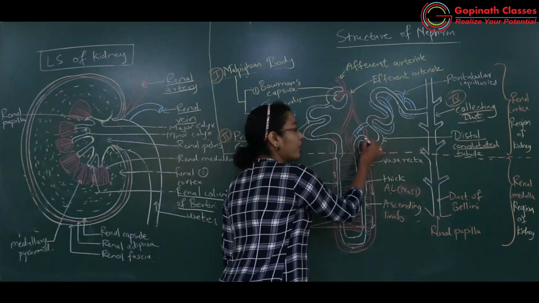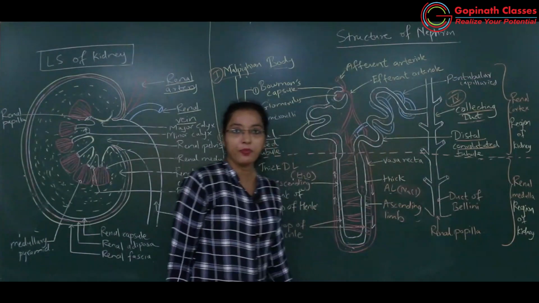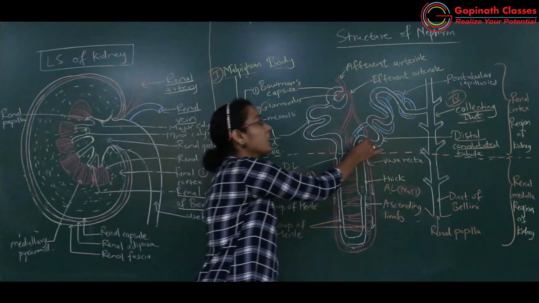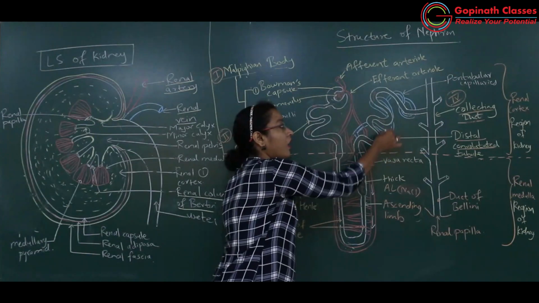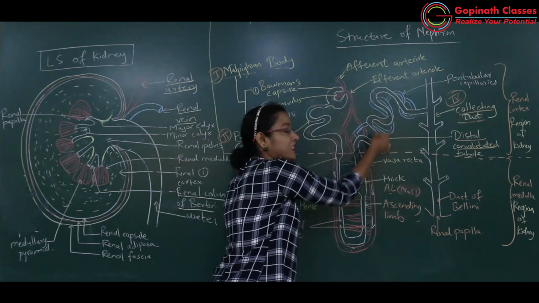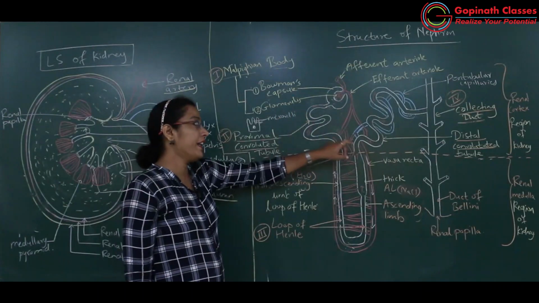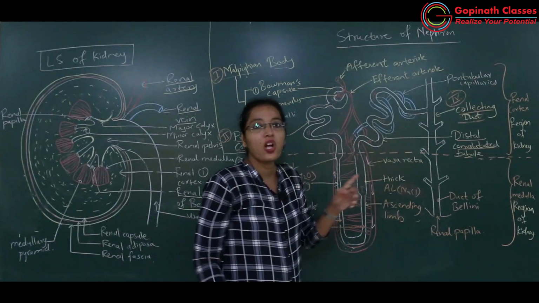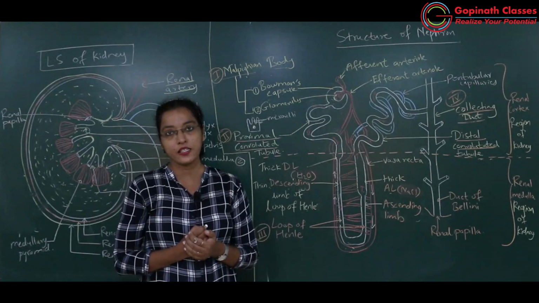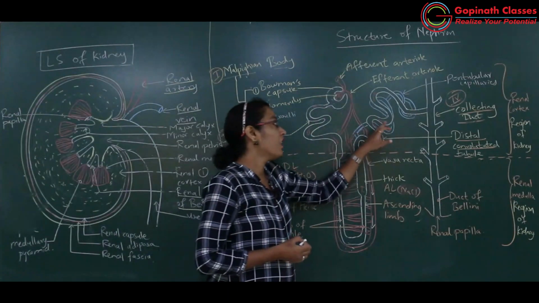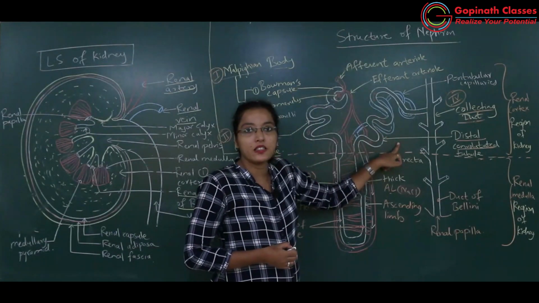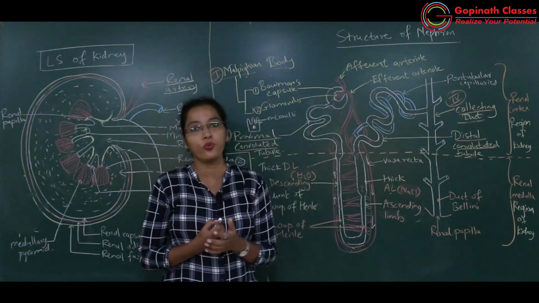Okay, now coming to the next part of the renal tubule, that is the distal convoluted tubule. Why is it called distal? Because it is away from the Bowman's capsule and it consists of cuboidal epithelial cells, and these cuboidal epithelial cells will have few microvilli.